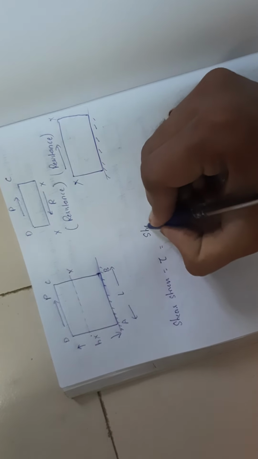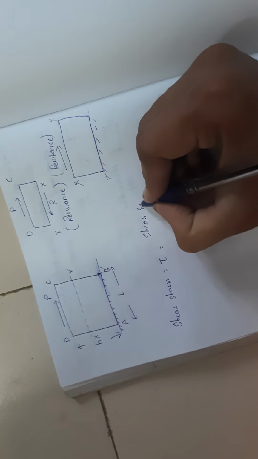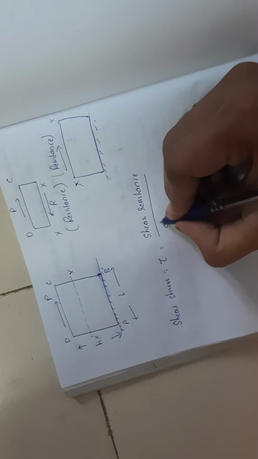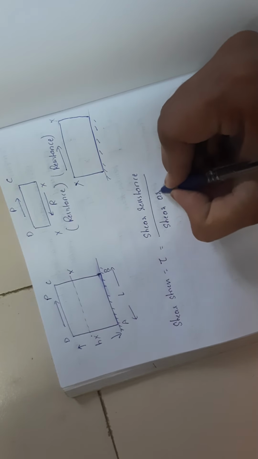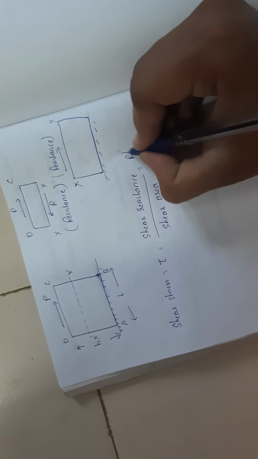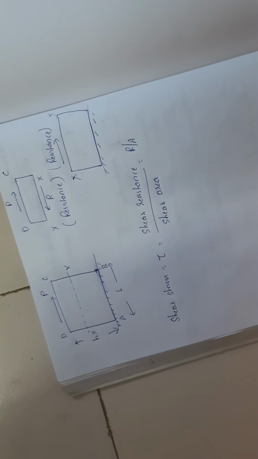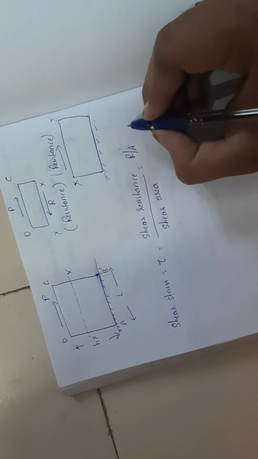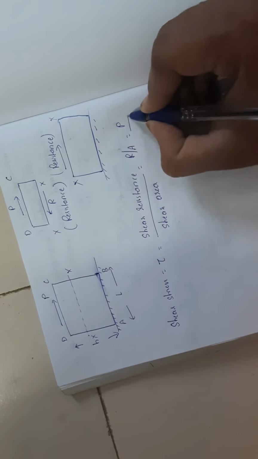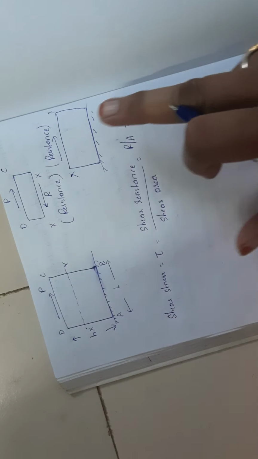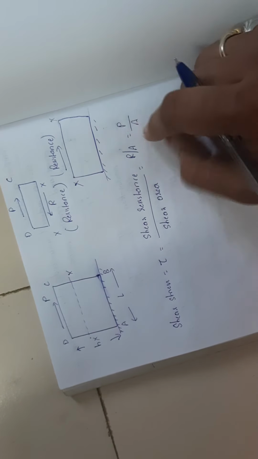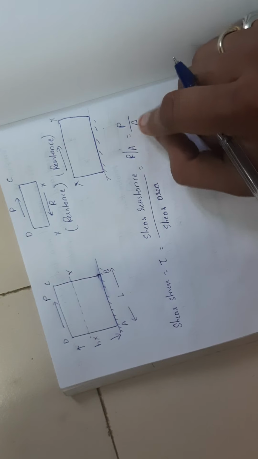It is written as shear resistance divided by shear area, so it is R by A. Then what is R? R is nothing but the applied force, so R is P, and A is the cross sectional area. Whatever cross sectional area you have at the X X cross section, you mention that area in the denominator.